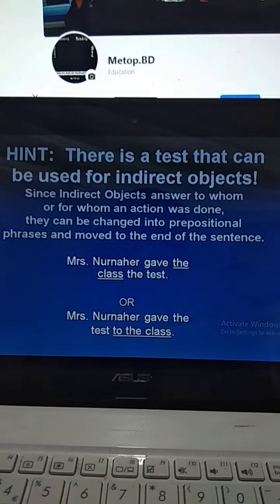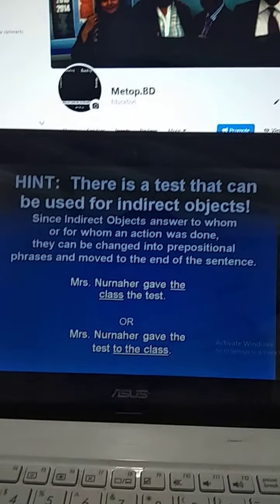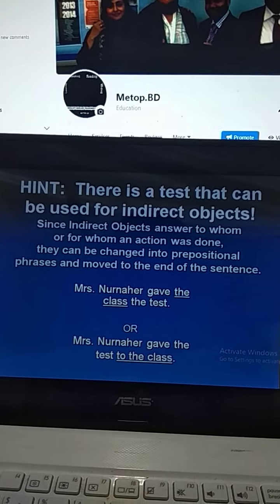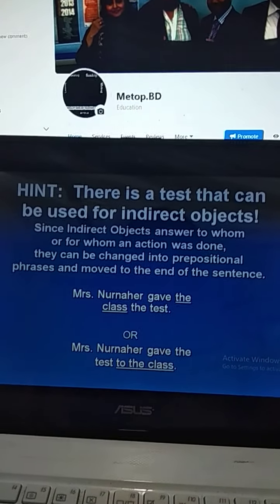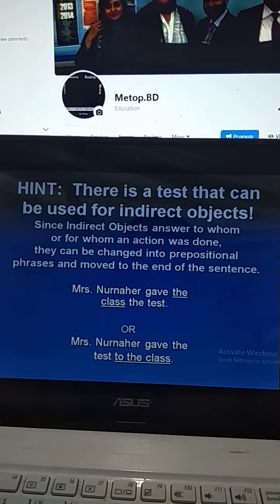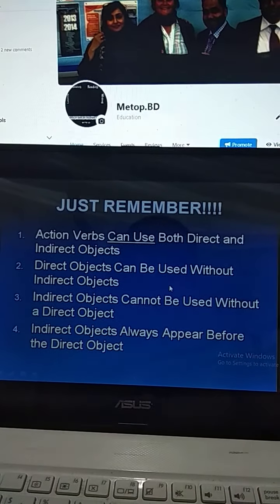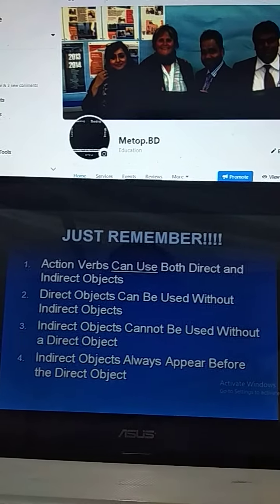Mrs. Noor Nahar gave the class the test, or you can say Mrs. Noor Nahar gave the test to the class. To the class has become a prepositional phrase, and it is used at the end of the sentence. Okay, let's move to the next slide.